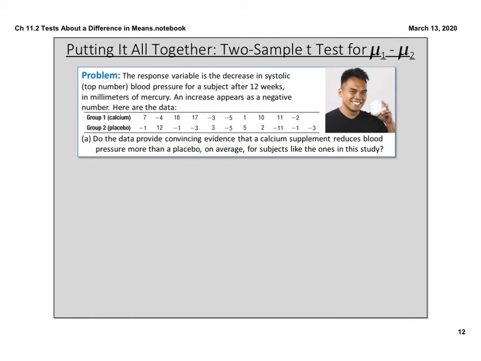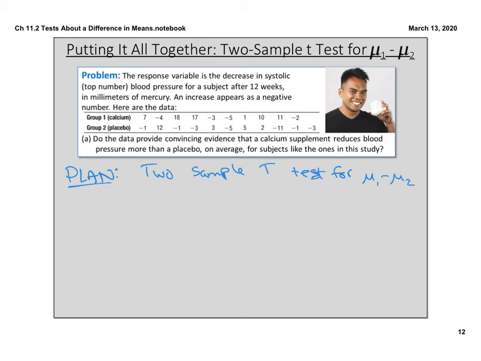Now I'm going to do the plan part. So for plan, I need to name my test. I am doing a 2-sample t-test for a difference in means for mu1 minus mu2.